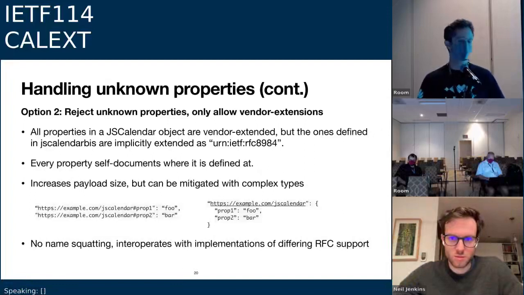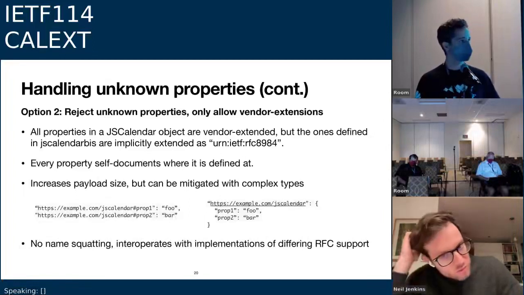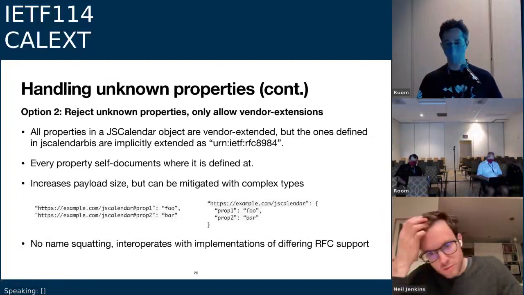This is very similar to JMAP capabilities in a way. It increases the payload because we have longer strings. But using complex types, like I've shown with the examples on the right side, I think it would be worth it so that we do not have any issue with name clashes, and hopefully all the properties one sees are self-documented in the payload.